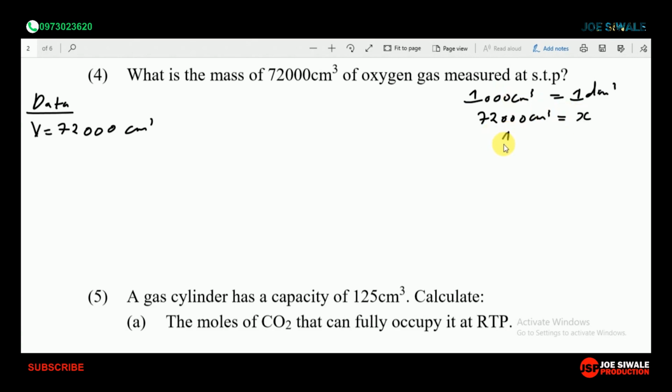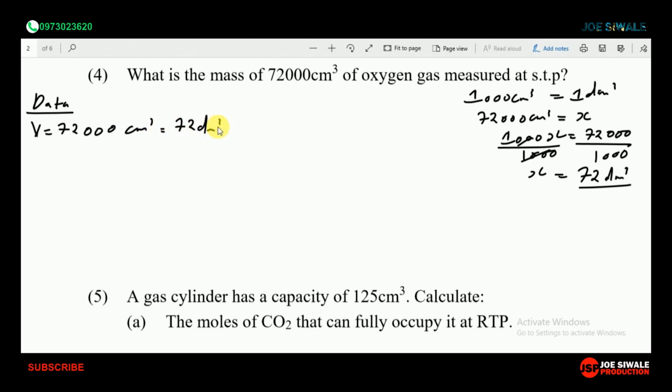So x is equal to 72,000 divided by 1000. So our x is going to be equal to 72 cubic decimeters.